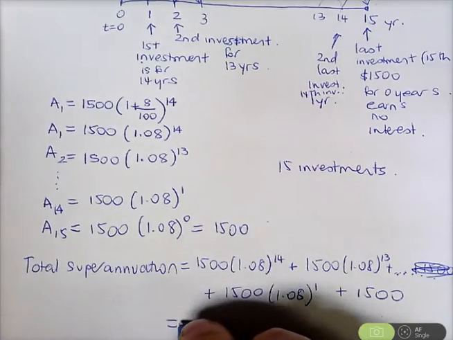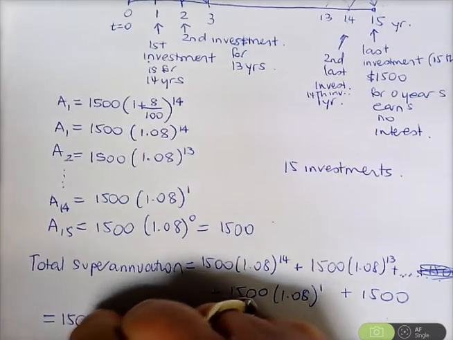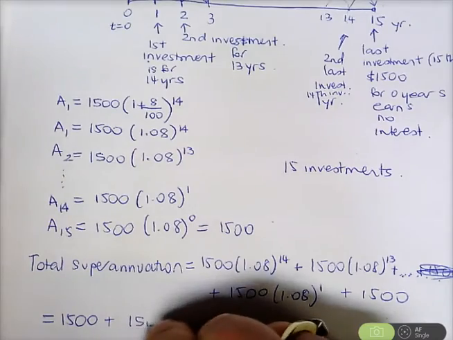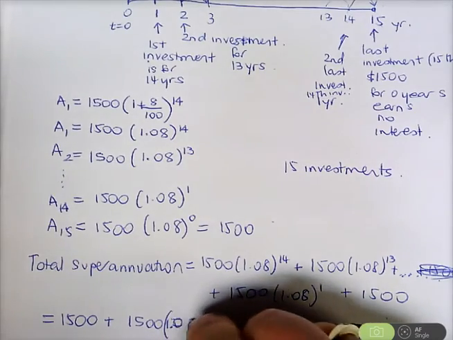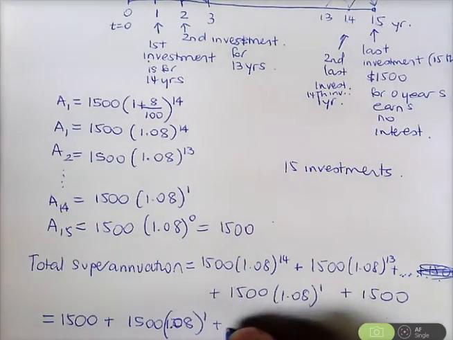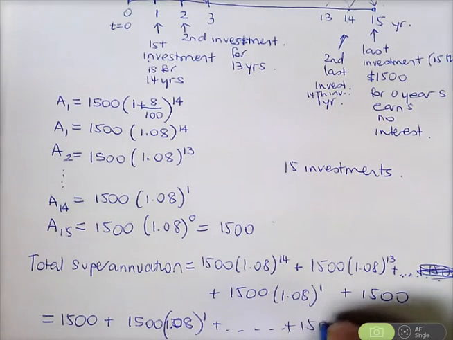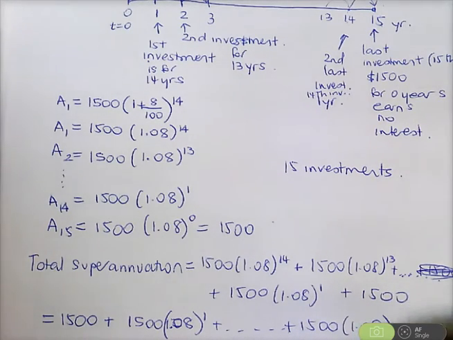So I can rewrite this, putting the smallest term first: 1500 plus 1500 × 1.08^1, plus all the way up to 1500 × 1.08^14.